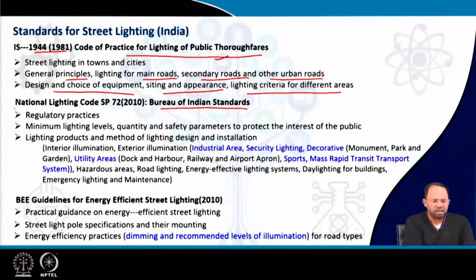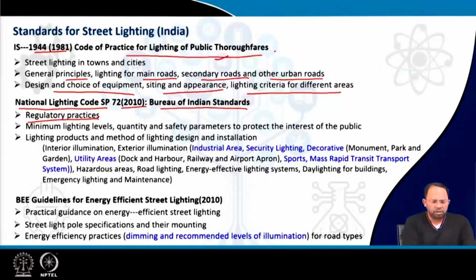Now this is just for public thoroughfares, whereas the current code, which is prepared by the Bureau of Indian Standards, is the National Lighting Code, SP 72. This is a pretty elaborate lighting code, and it covers different aspects of lighting in urban areas. So it's not only about thoroughfares but different applications in urban areas. It specifies the different regulatory practices.